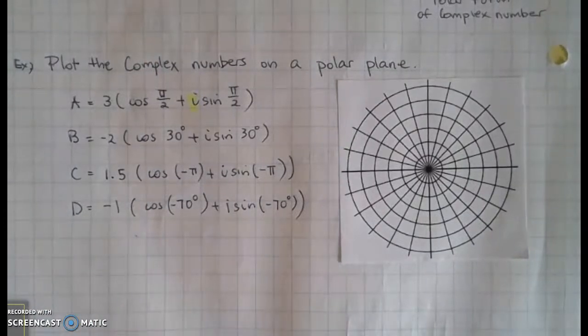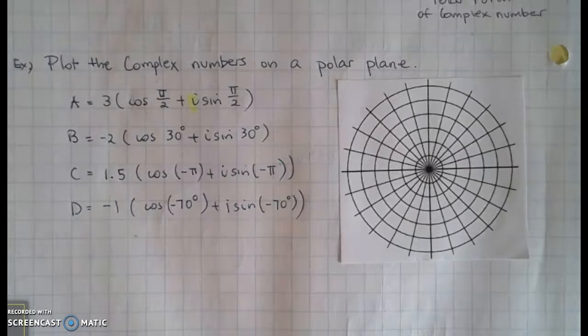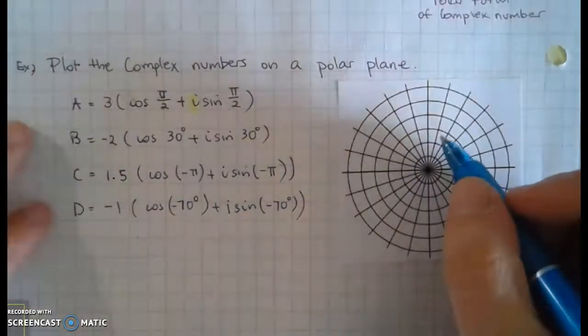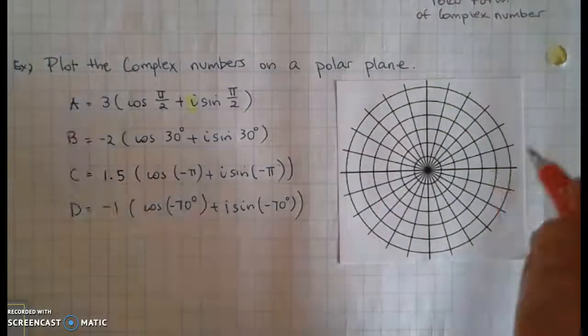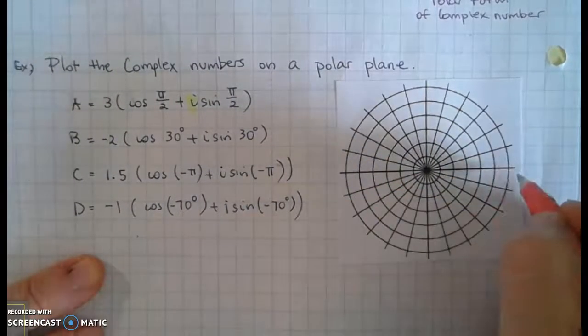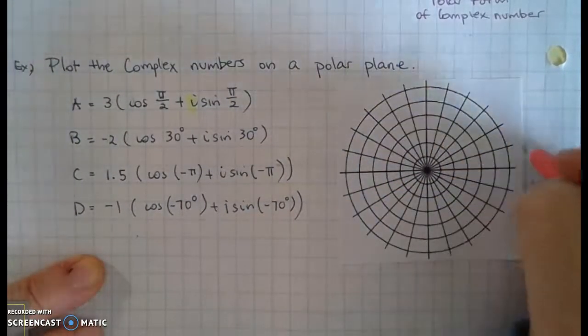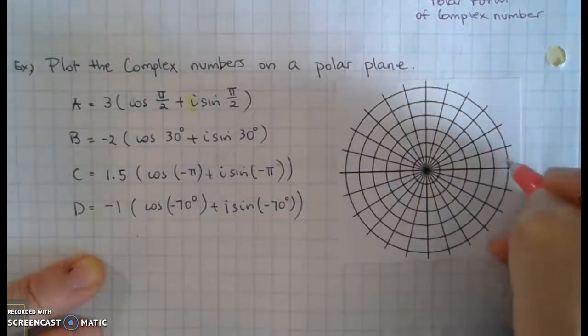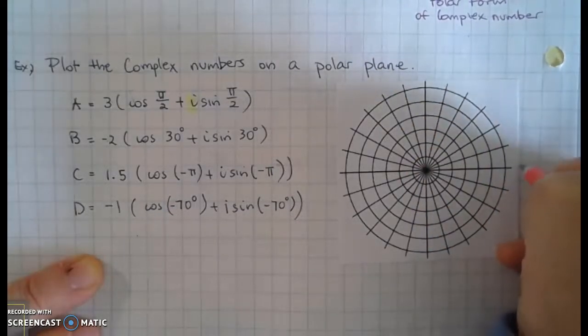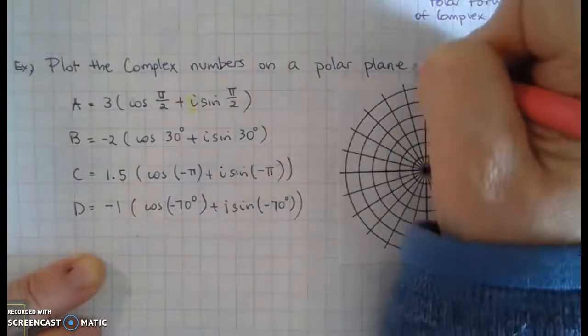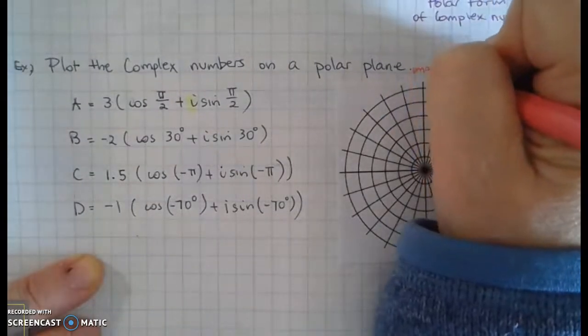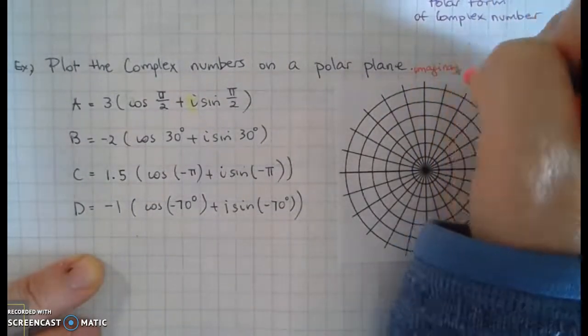So here we are dealing with complex numbers represented in the polar plane. We have the radius of 3, but the angle measure is pi over 2. First thing you should notice is that the horizontal axis is the real axis, and this is my imaginary axis.